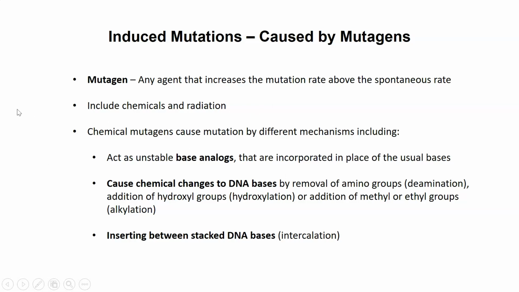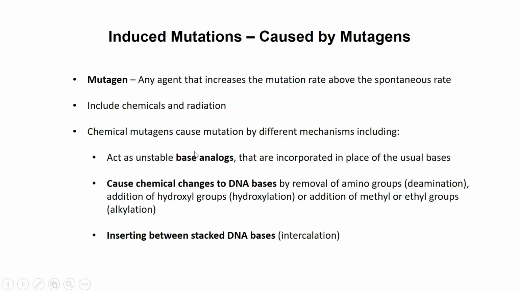So I'm going to give you 3 examples of chemical mutagens, and all of these are mutagenic because they affect the chemistry of the DNA molecule, specifically the bases. And so the 3 main types are base analogs, and these are bases that resemble very closely the structure of the normal DNA bases, and they can even be incorporated into the DNA molecule.